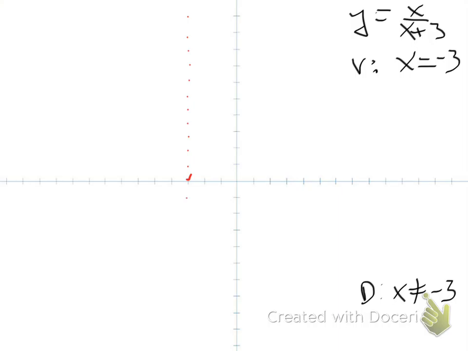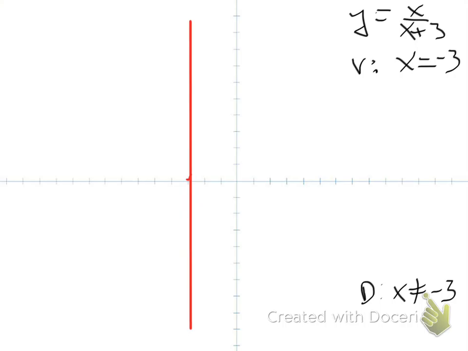Actually I got a better idea. I will draw it with this, and I will use red, and it will go there's the vertical asymptote right there. That's x equals negative 3.